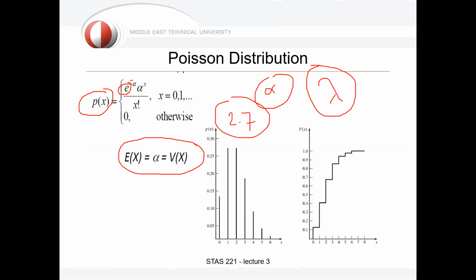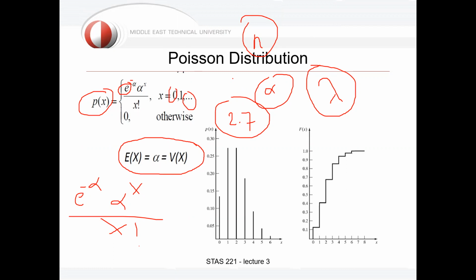This is the formula that we can use starting from 0 going to infinity. For the binomial distribution, we have an upper limit because x cannot be more than n. What was n? The number of trials. But for the Poisson distribution, it can go to infinity, and that's one of the big differences between these two distributions.